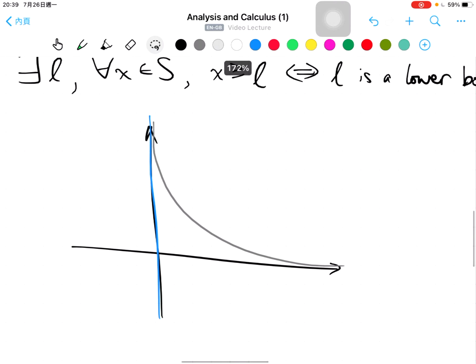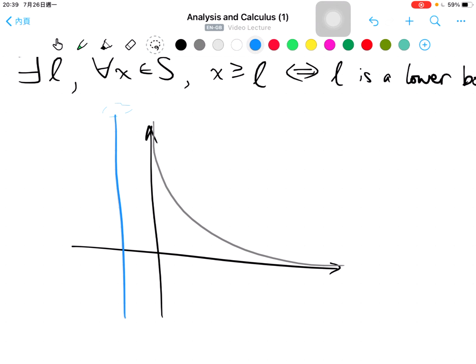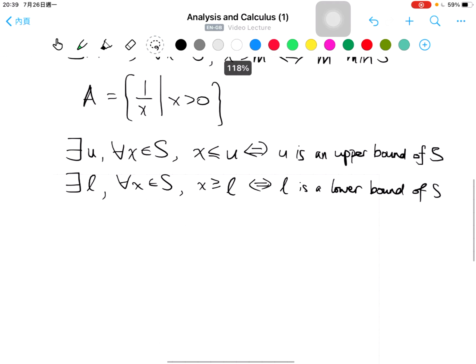And it's also the lower bound that does not give us this green useless part. Right? We can have a more clear, more accurate range that describes everything in S. Right? So we call this largest lower bound an infimum.